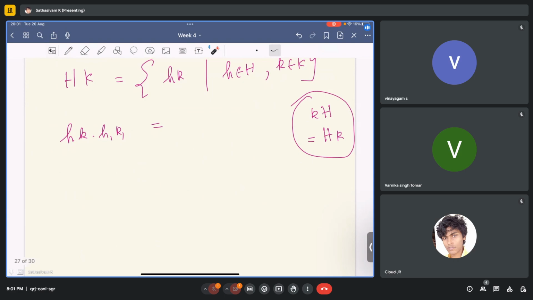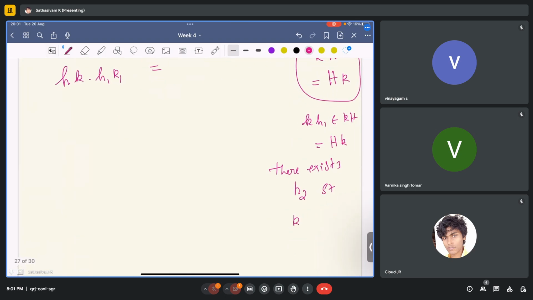So this element kh1 belongs to KH, which is equal to HK. That means there exists an h2 such that kh1 equals h2k.